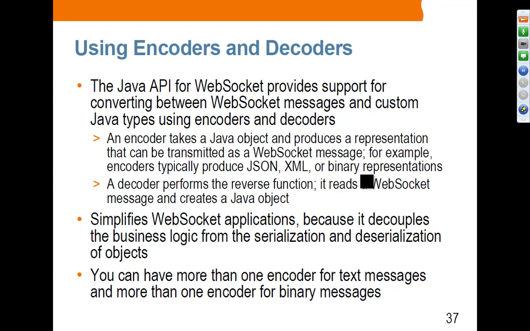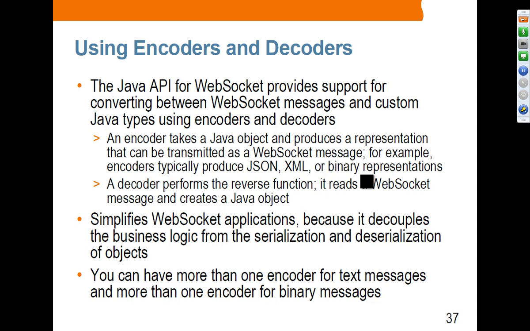As was mentioned, WebSocket can send only text data and binary data. So when you want to send JSON or XML, you can have an encoder and decoder that convert it. On the client side, it will convert to text, and then on the server side, it will receive the text and create maybe a JSON object or another Java object.